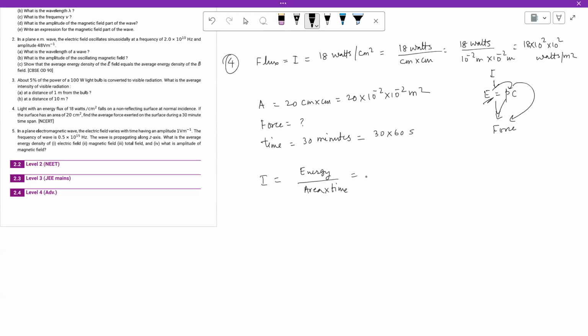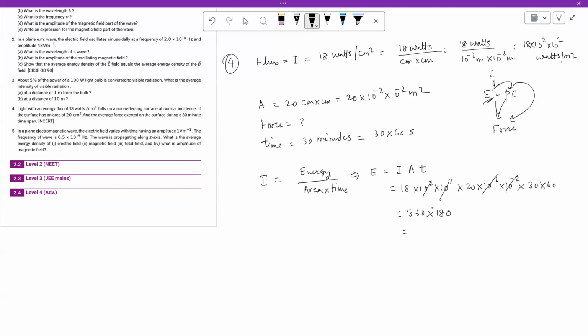So energy is I into A into T. So energy is intensity into area into time. Intensity is given, 18 into 10 to the power 2. Area we have calculated, 10 to the power minus 2. And then this 30 into 60. So the powers cancel, and this is 360, and 18.